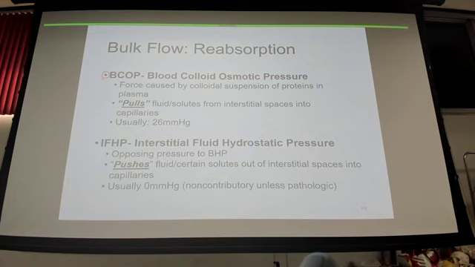The fluid shouldn't be there at any great amount, right? If it becomes pathologic and you have now edema, swelling, third spacing, then it starts to alter these numbers. But in general, hydrostatic pressure in the interstitial fluid should be zero, okay? Are we still together? Everybody? Okay. I just want to make sure.